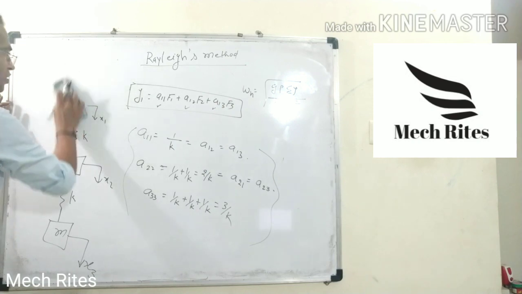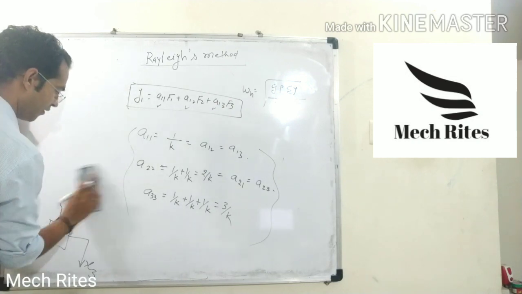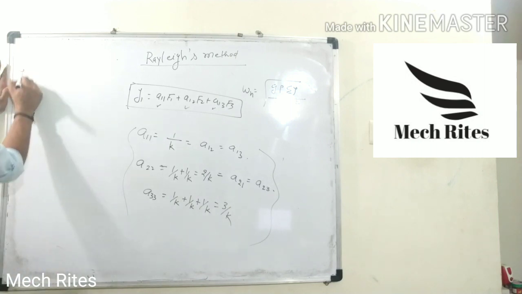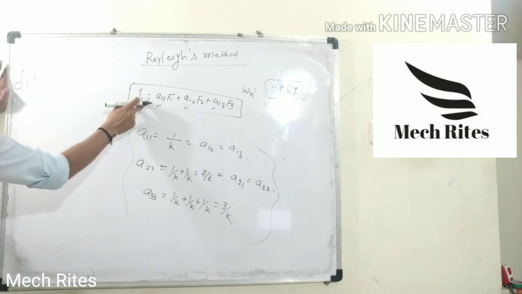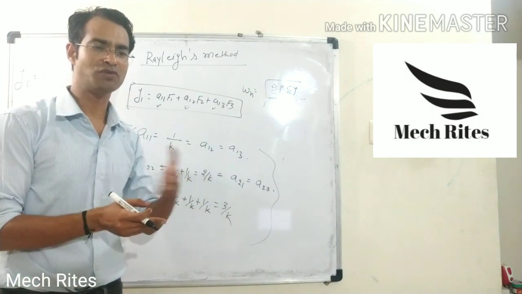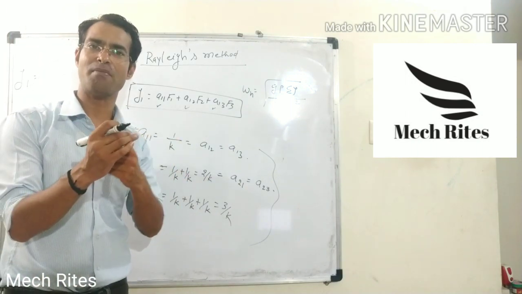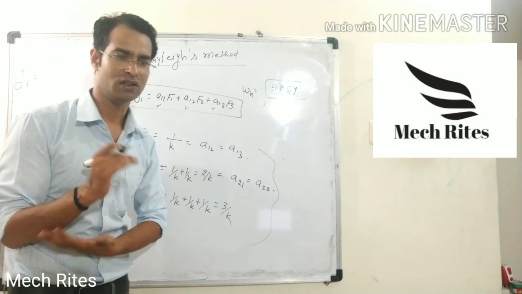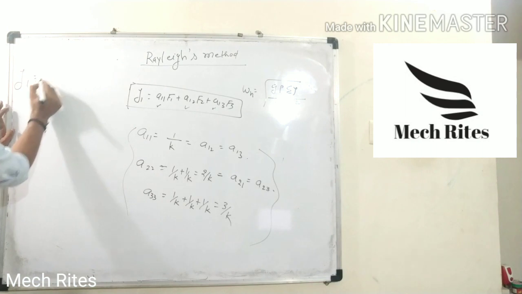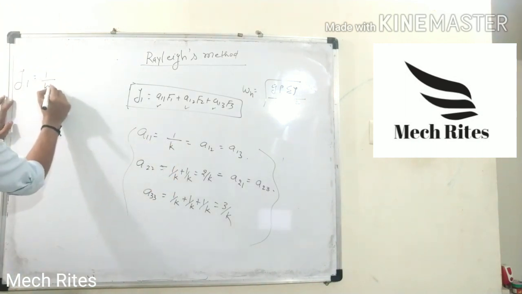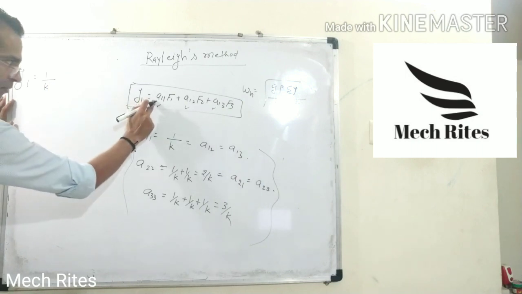Now first of all I will solve y1. Y1 will be what here? Y1 will be A11 F1. So F1 is what? That is your mg. For a particular system, m is the mass, and due to gravitational force the total load is mg. Okay, so here A11 will be 1 by k.